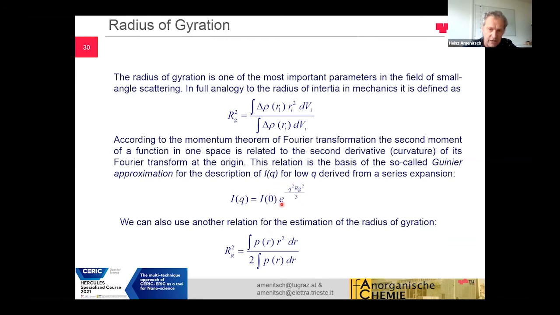This is somehow a Gaussian function. You can describe the intensity as a Gaussian function, where the width of the Gaussian function is given by the Guinier radius. And the Guinier radius is nothing else than the radius of gyration from mechanics, but instead of the mass, you put in the electron density in the calculation.